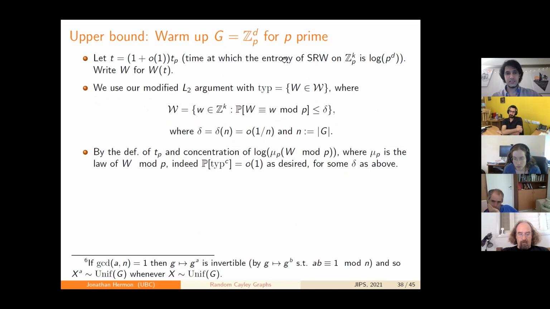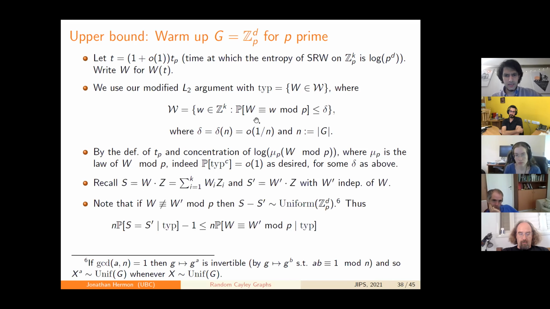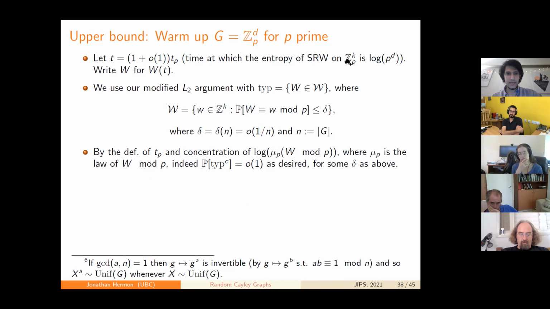Okay, so I have two things that I want to show you, which I might just concentrate on one. So this is a warm-up, and this is a proof in one slide. When we look at the group Z mod P, sorry, we look at an abelian P group.